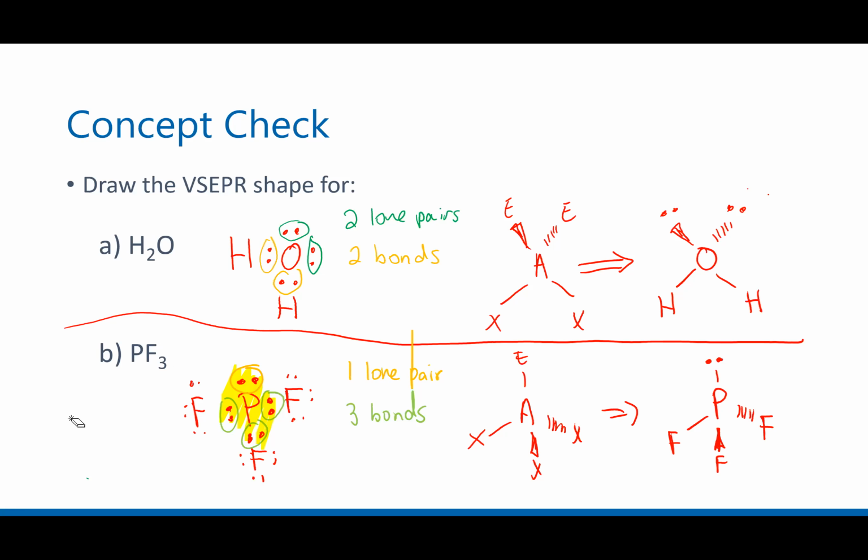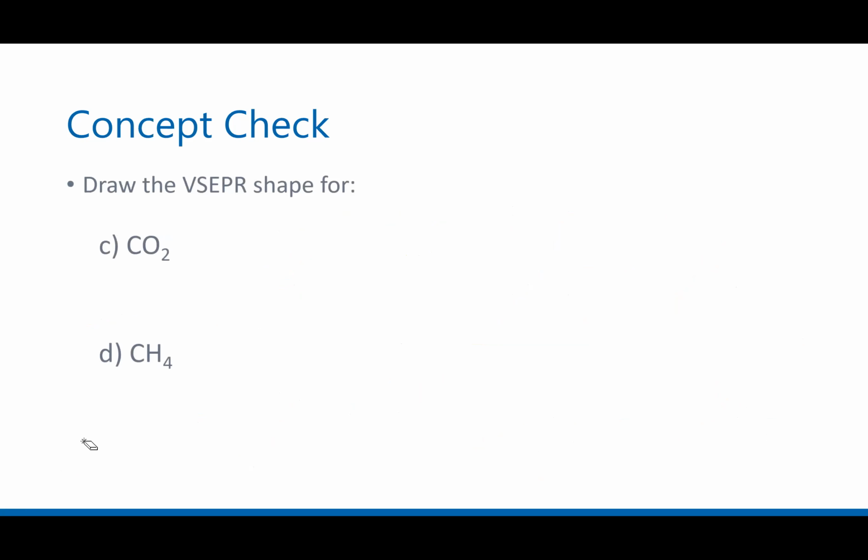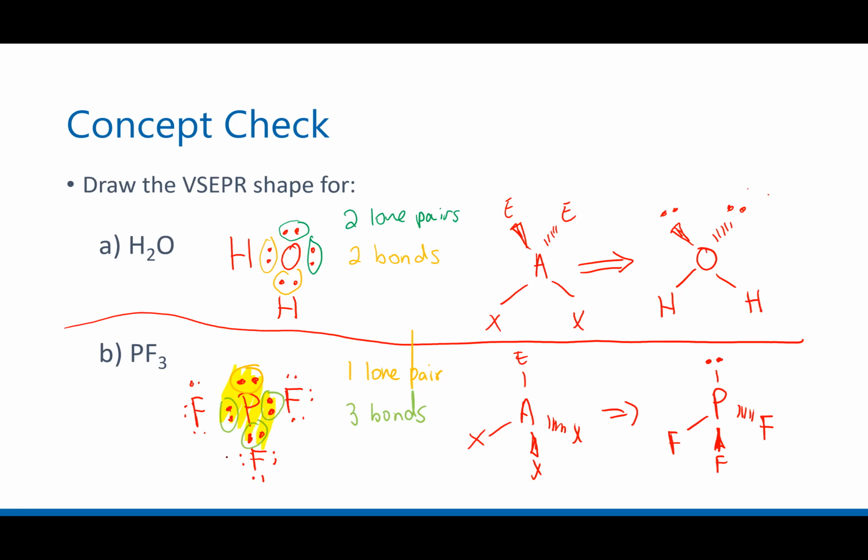But I would love for you guys to try the next 2 on the next page. On the next page, I'm going to leave my notes up, but you have CO2 and CH4.